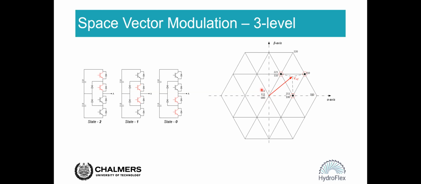These redundant voltage vectors can be used if we want to minimize the losses inside the converter. And sometimes for the MPC converter, the neutral point voltage can drift from the value we want. So with these redundant voltage vectors, we can use them to control this neutral point voltage as well.